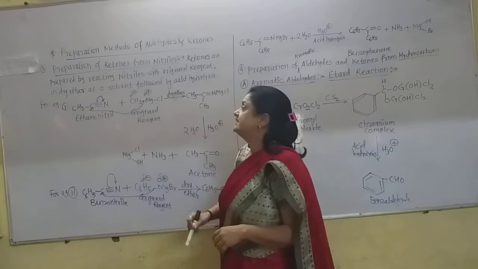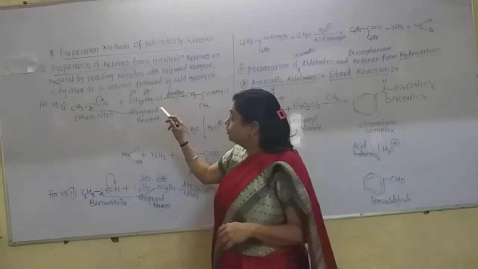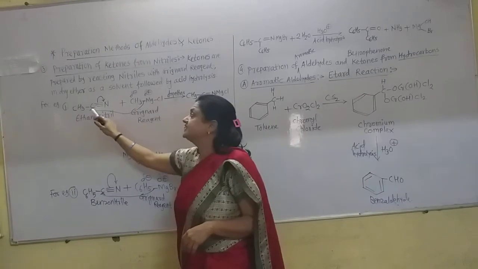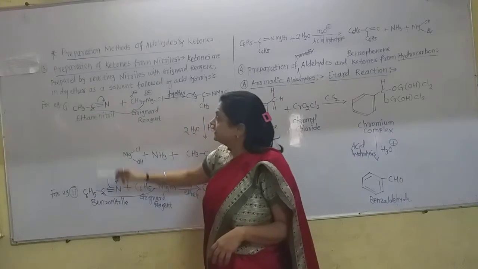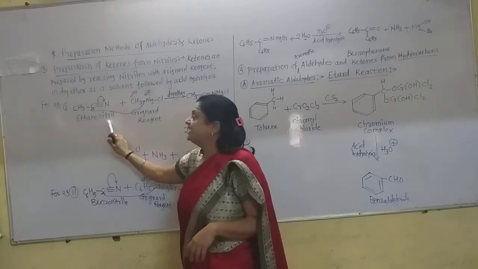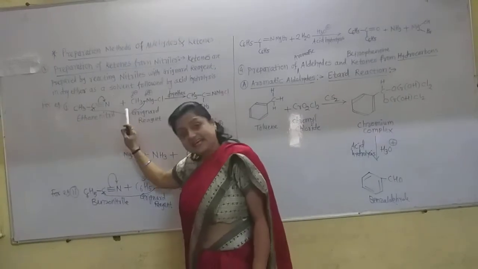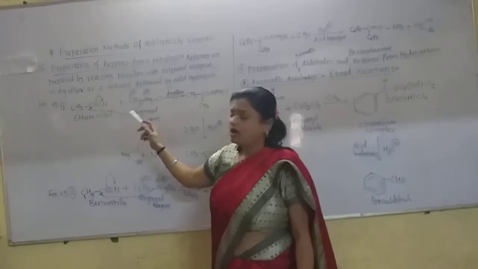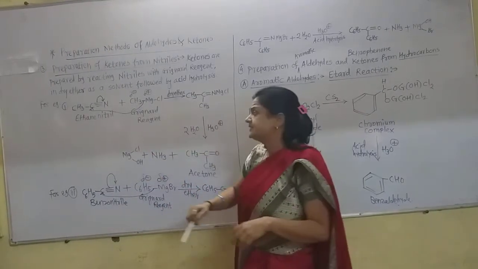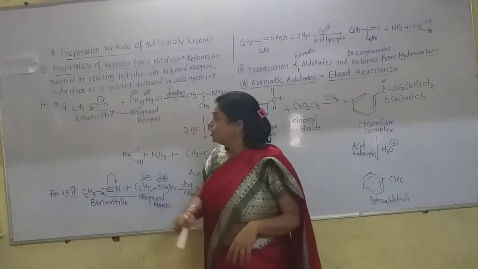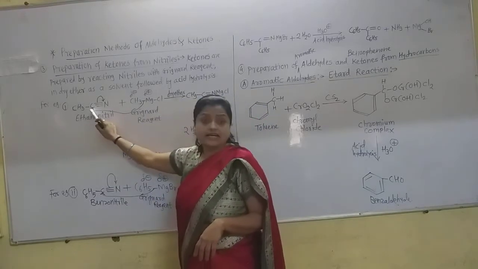So always this partially negatively charged alkyl group attacks on this carbon. This is the electron deficient carbon in the nitrile. This is ethane nitrile, also called methyl cyanide or acetonitrile. This is the electron deficient carbon, so the negatively charged alkyl group attacks on this carbon.